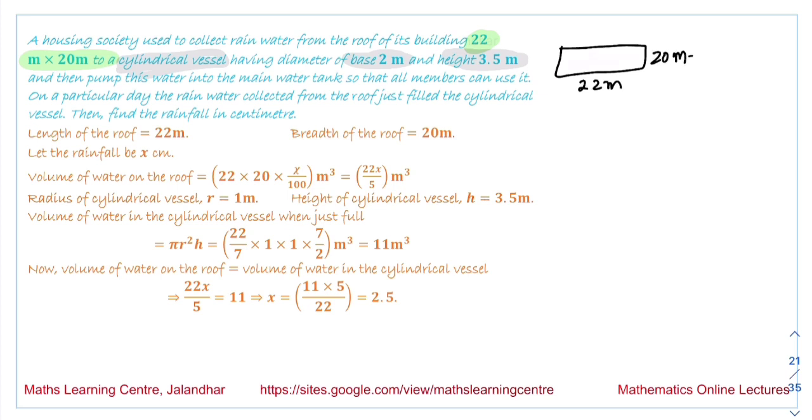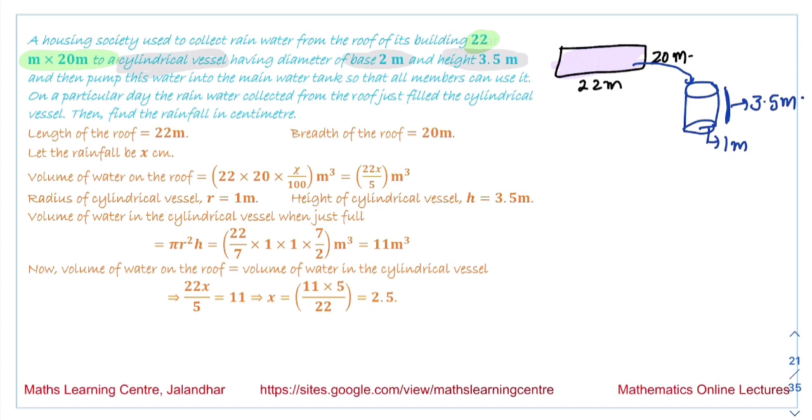The water is collected on this roof, and then it is transferred to a cylindrical vessel, whose base radius is 1 meter and height is 3.5 meter, and then pumped into the main tank so that all members can use it. On a particular day, the rainwater collected from the roof just filled the cylindrical vessel. Find the rainfall in centimeters.